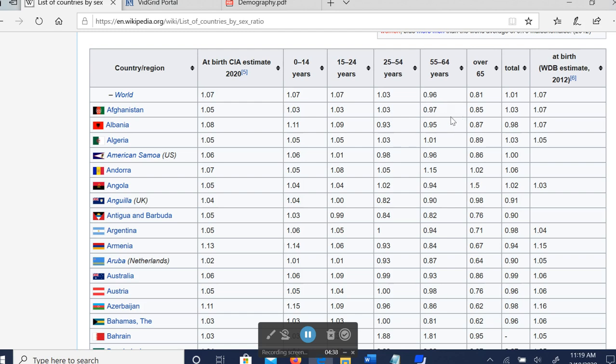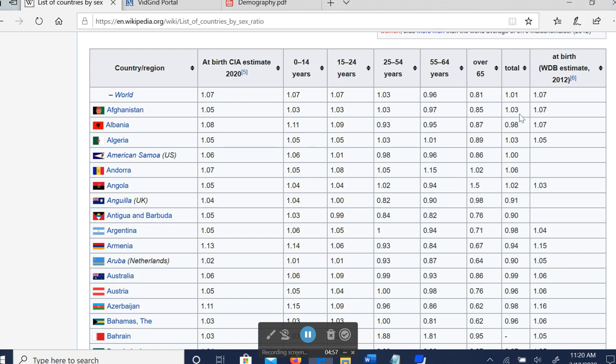And maybe because women tend to outlive men, so sex ratio declines at older ages, as we can see from here. And sometimes they lump all the ages together and they have a sex ratio for all these age groups combined.